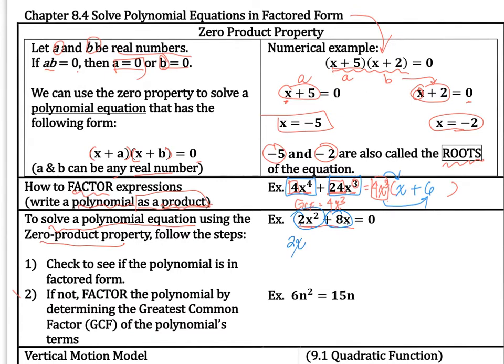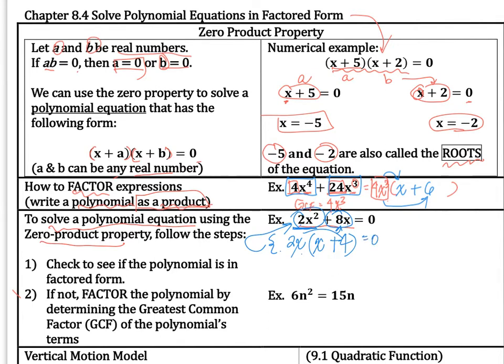So 2x will be your entire GCF. Now, 2x times x would give you 2x squared, plus 4, because 2x times 4 will give you 8x. So this product form still equals the original polynomial equation.